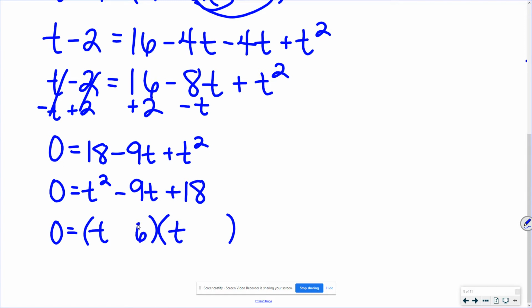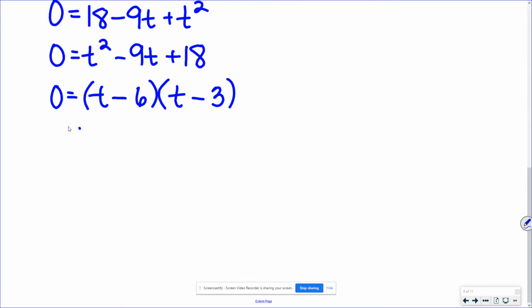So 6 times 3 equals 18. And if it's a negative 6 and a negative 3, then it will add up to a negative 9. From here, the last step is to set each factor equal to 0 and solve.